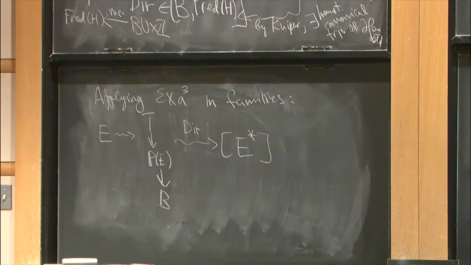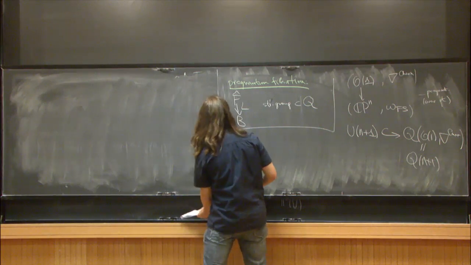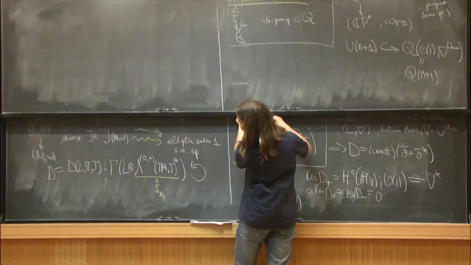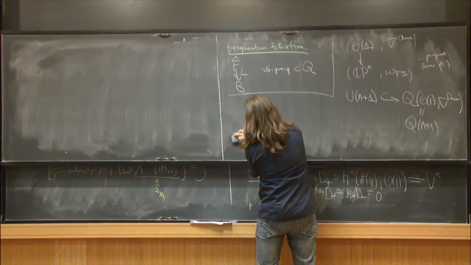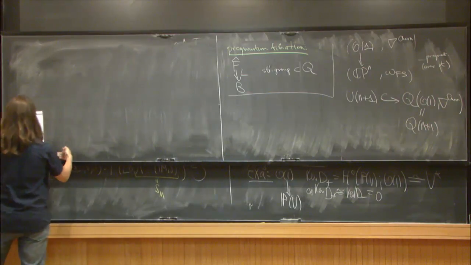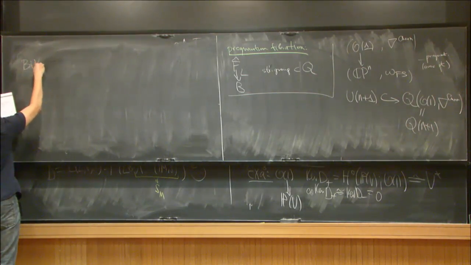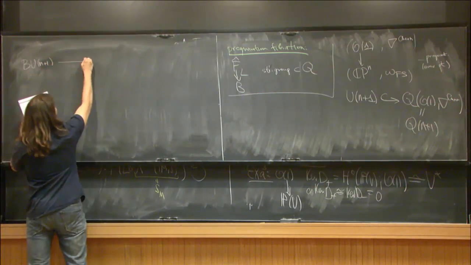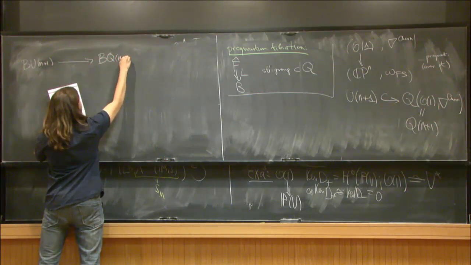So here we go. Take the map from BU n+1 to BQ n+1.